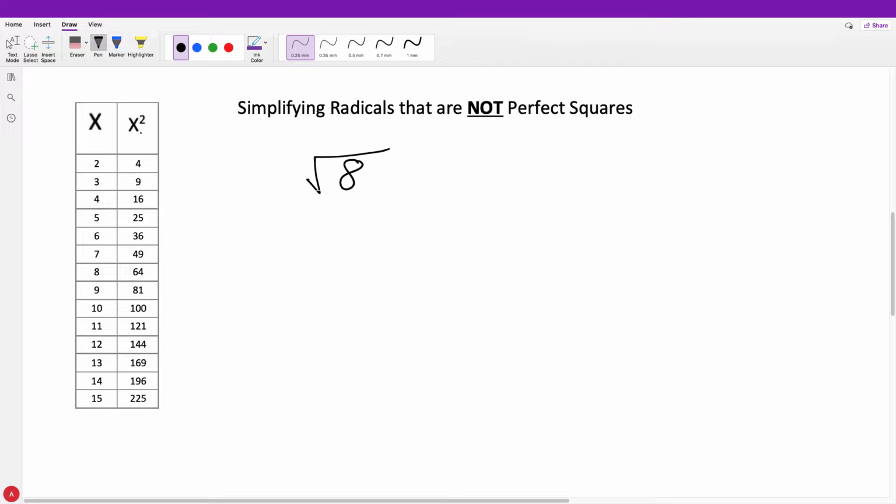So in this case, I have the square root of 8. If we were to type the square root of 8 in our calculator, this is approximately equal to 2.8. So that's its actual value. It's not a perfect square because it does not give me a whole number. And I can tell it's not a perfect square because I don't see 8 in any of these x squares.